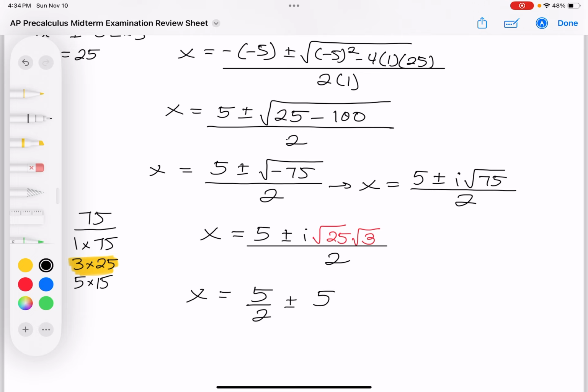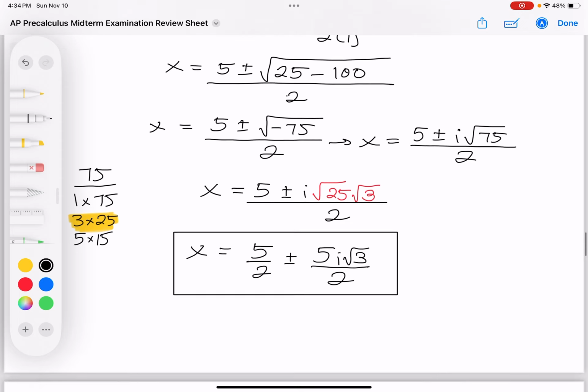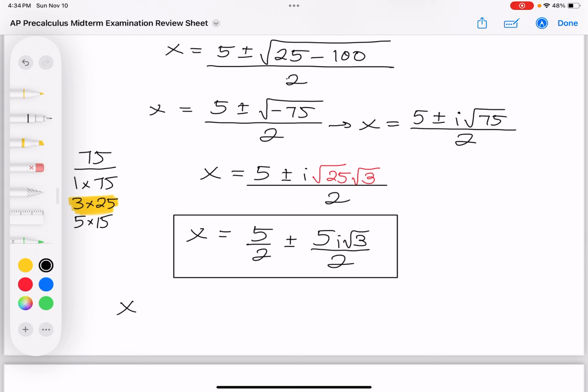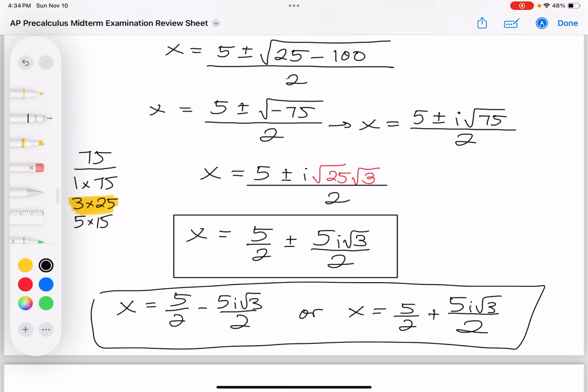So it's going to be 5i square root of 3 over 2. Or if you want to break it up even further, x equals to 5 halves minus 5i radical 3 over 2, or x equals to 5 halves plus 5i square root of 3 over 2. Either one should suffice.